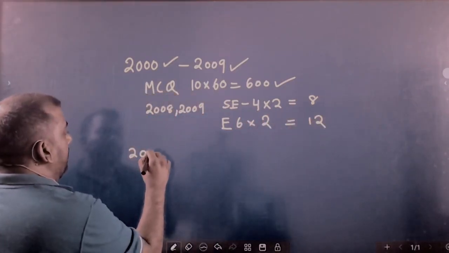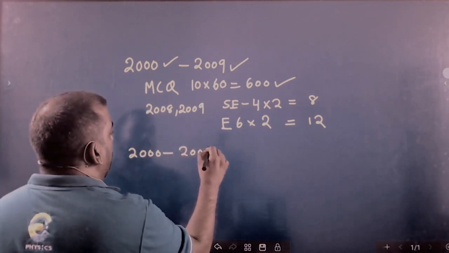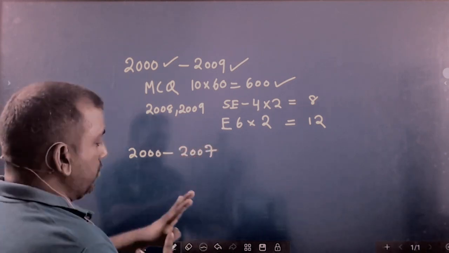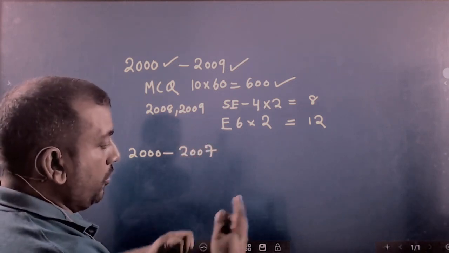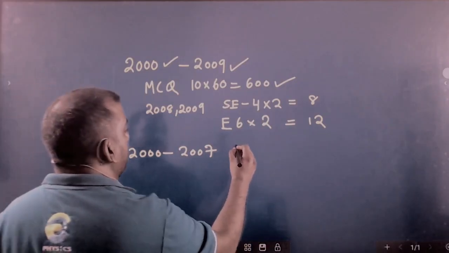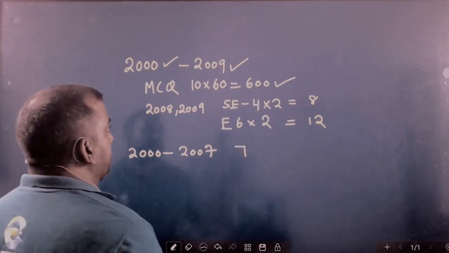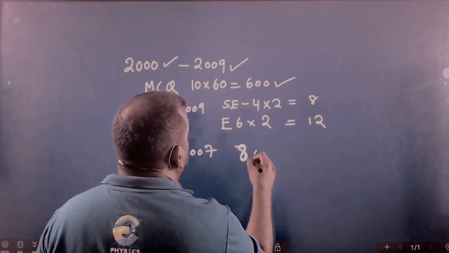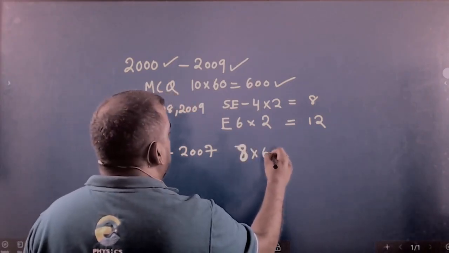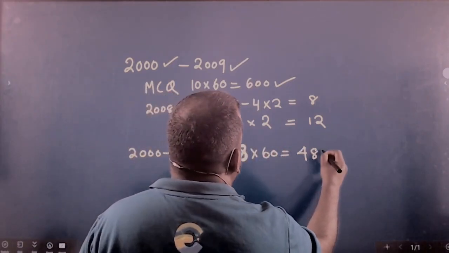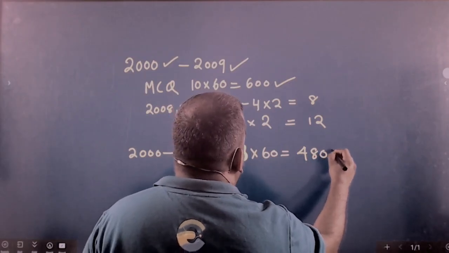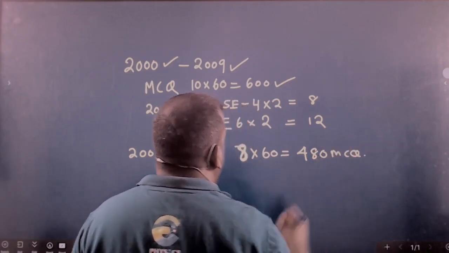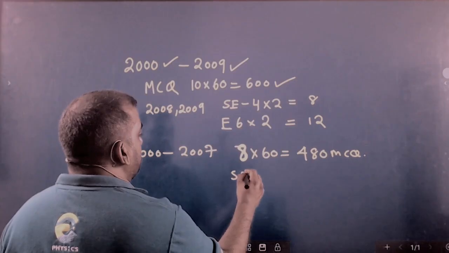From 2000 to 2007 we have done 2000, 1, 2, 3, 4, 5, 6, 7, which is 8 papers. 8 papers, 60 MCQs each, 480 MCQs.